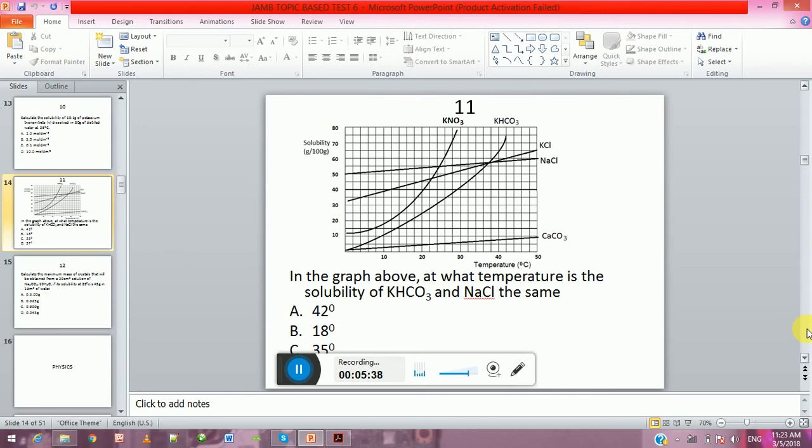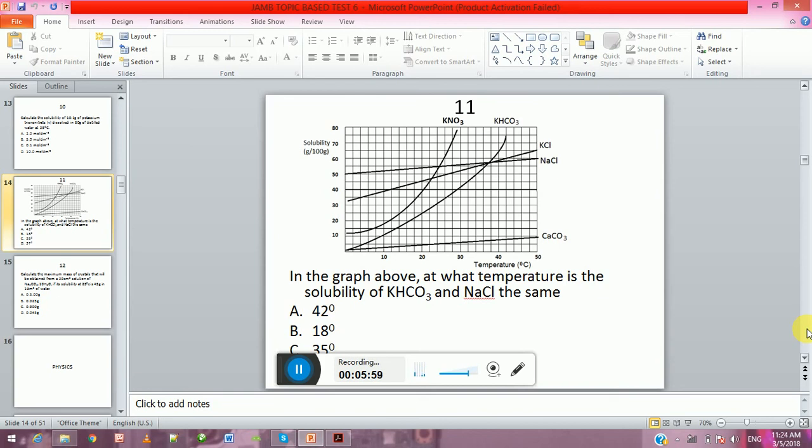In the graph above, at what temperature is the solubility of KHCO3 and NaCl the same? At what temperature is the solubility of the two the same?